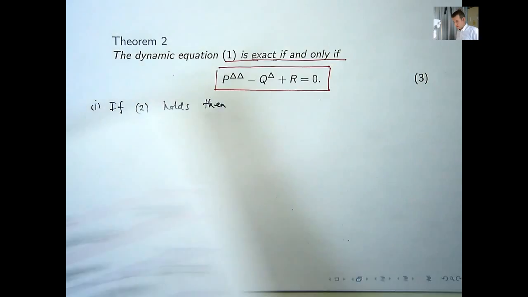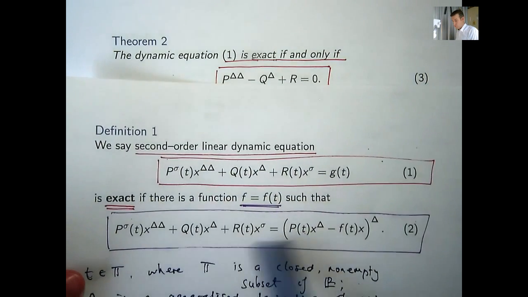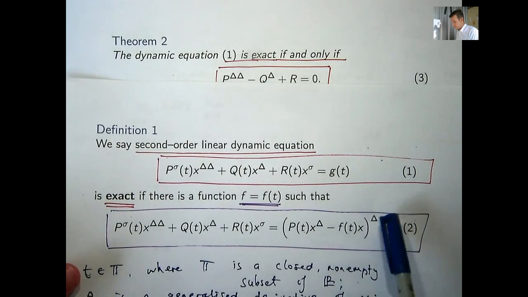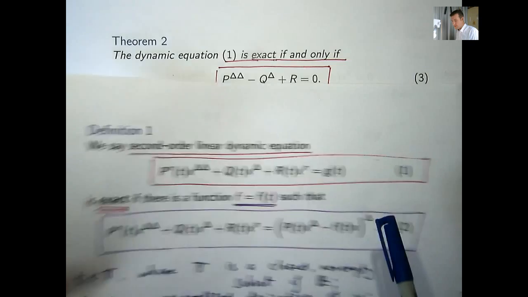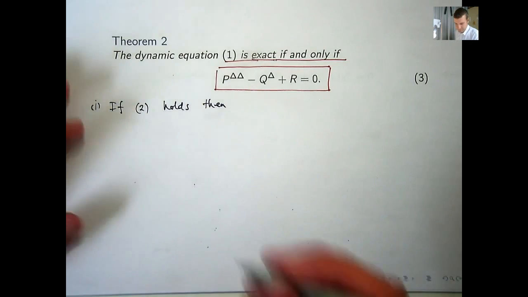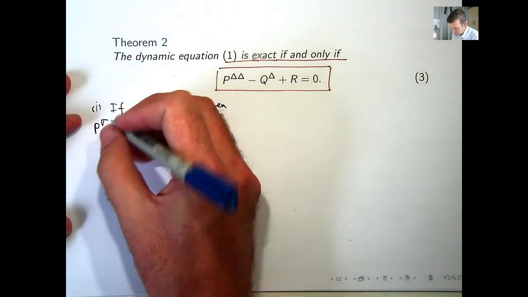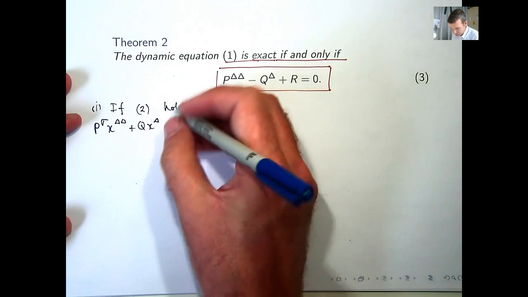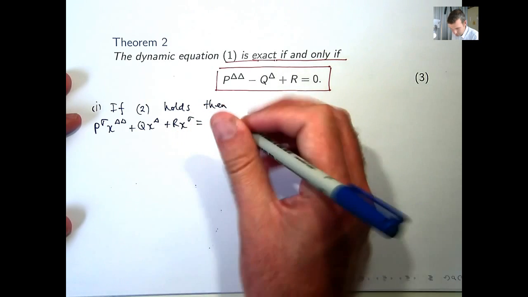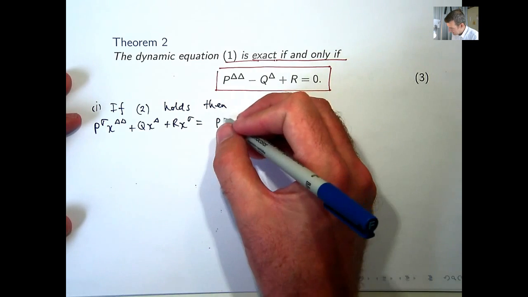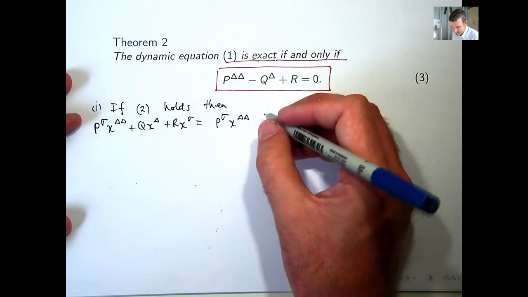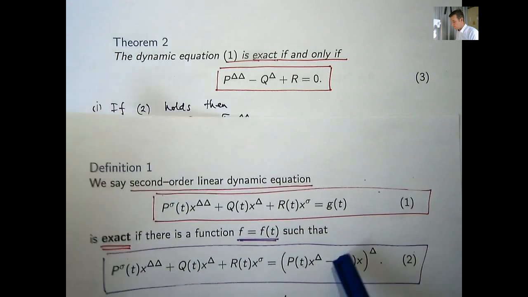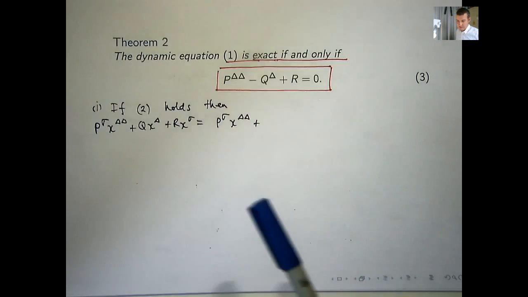So if 2 holds, I'm going to write this out and expand this using the regular derivative expansion, distribute the delta derivative, and then use the product rule. If I expand the right-hand side, I can use a little bit of the product rule and then put things back together.